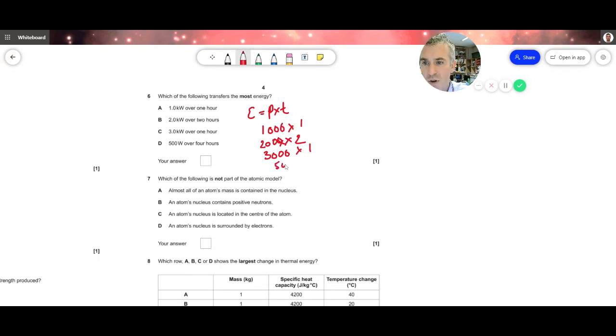And this one is 500 times 4. So that equals 1,000. That equals 4,000. That is 3,000. That is 2,000. So this one is the biggest. So B is the correct answer.